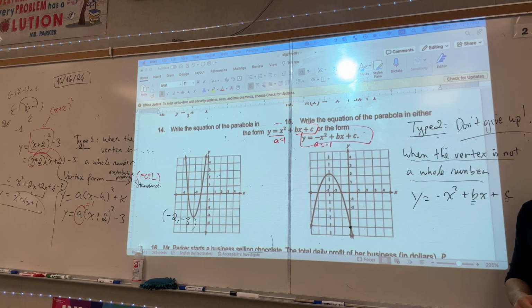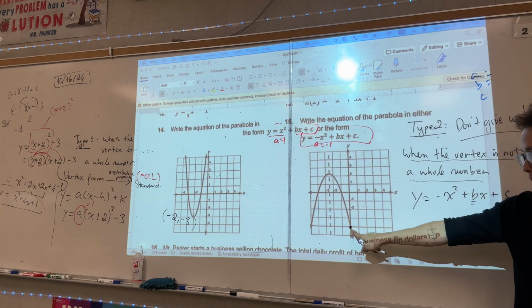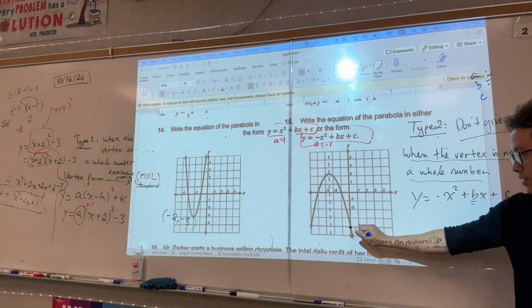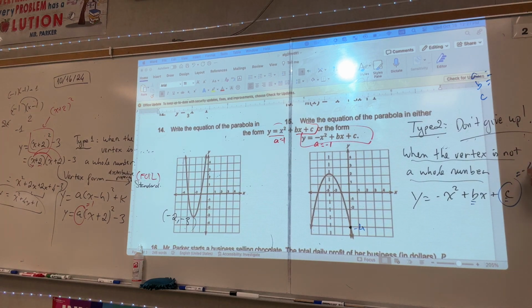Because it's C. That's the C. Let's give it 1 point, yeah? Do you remember? A, B, C, and I just told you minutes ago, C is the y-intercept. What is the y-intercept here? Negative 4. C is -4. We found one already. Right? So now we just need to find the other.